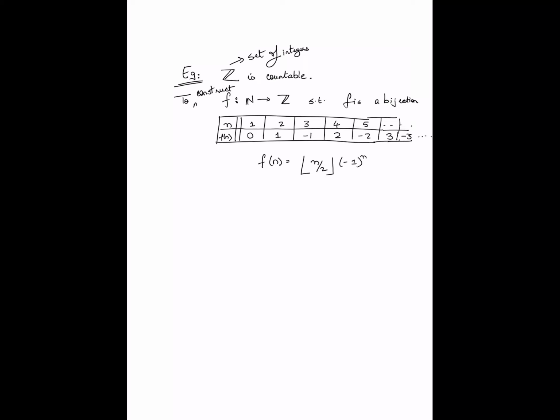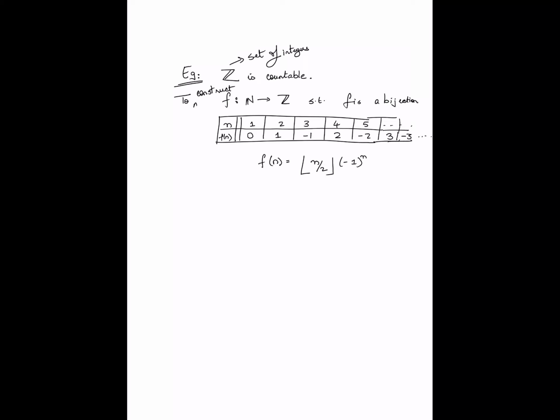And f doesn't take repeat values, so if you take n1 and n2 as two distinct natural numbers, f of n1 is not equal to f of n2. So stare at either the table itself or the written definition. It should be easy enough to convince yourself that this f is in fact a bijection. Therefore, the set of integers is equicardinal with the set of natural numbers. In other words, the set of integers is countable.